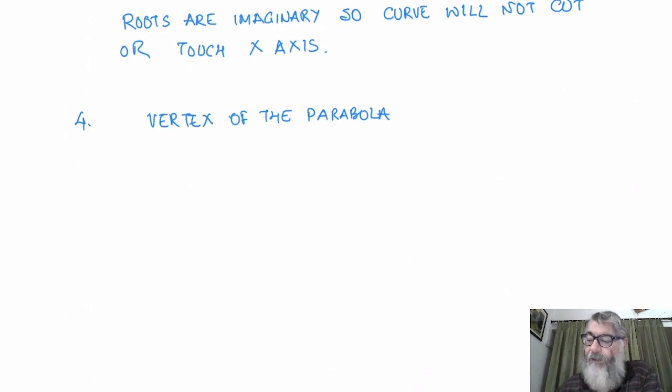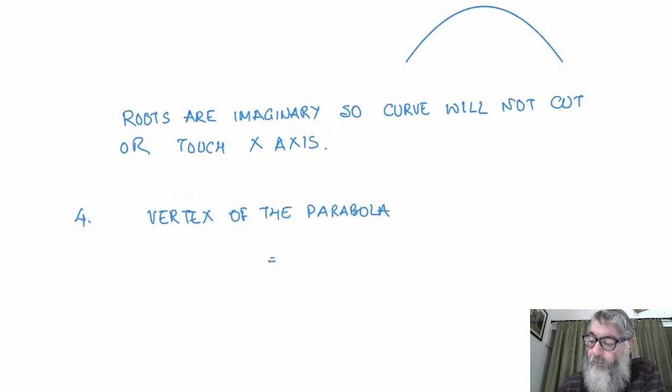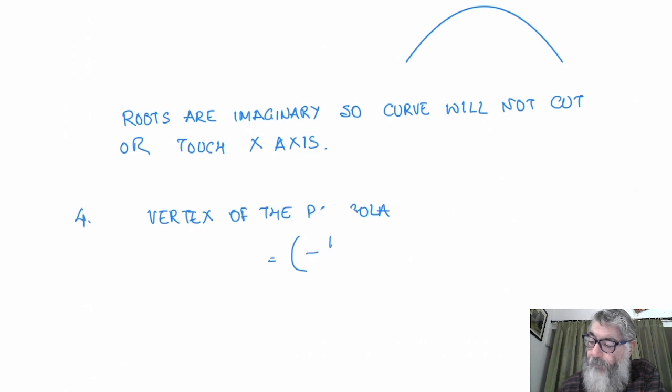So the vertex of the parabola is given by minus b upon 2a and minus d upon 4a.